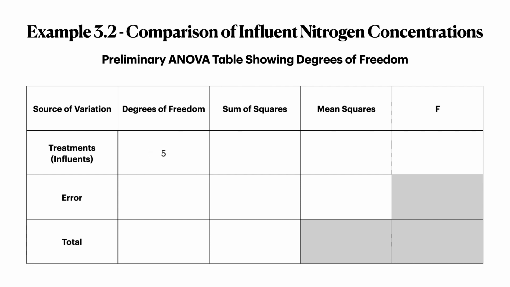There are 37 observations in the data set, and so there are 37 minus 1, or 36, total degrees of freedom available to us. And then finally, to get the degrees of freedom associated with error, we subtract the degrees of freedom for treatments from the total degrees of freedom. And so this is 36 minus 5, or 31.